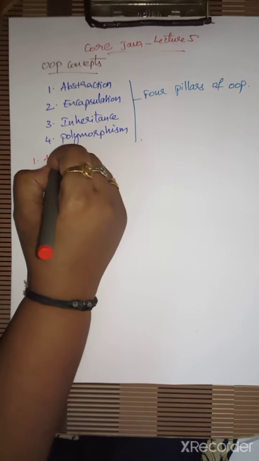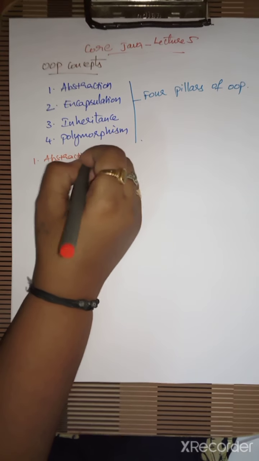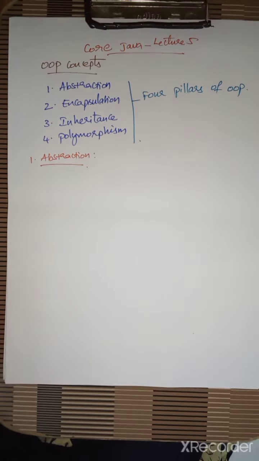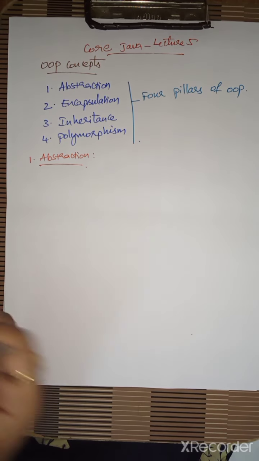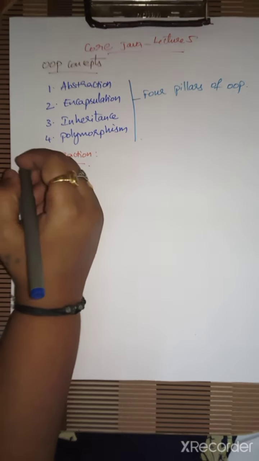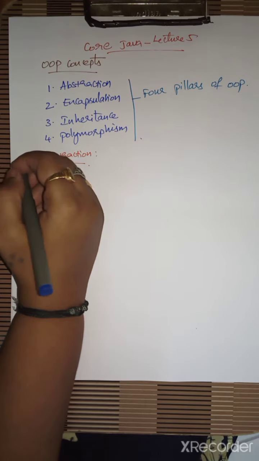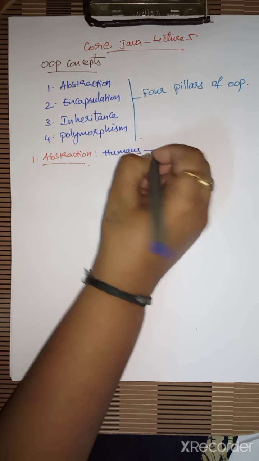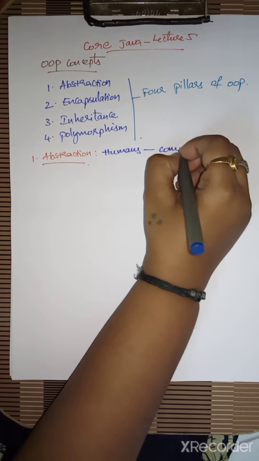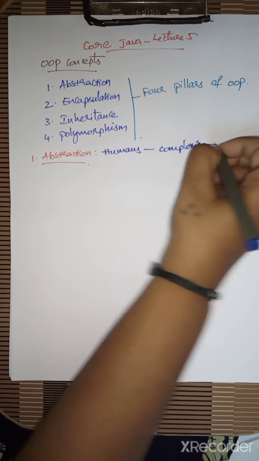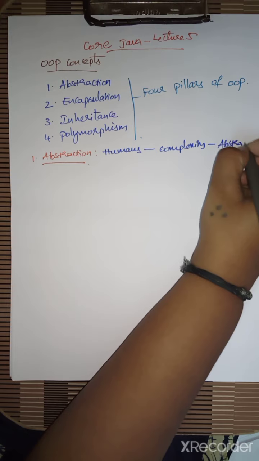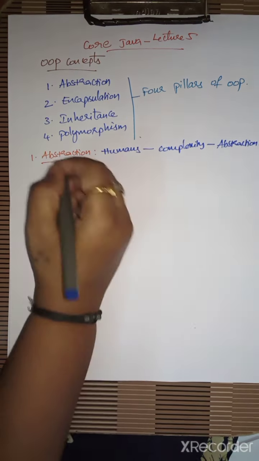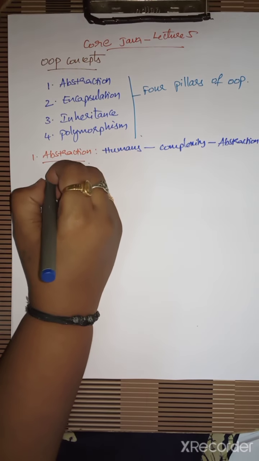First one, abstraction. In real life, humans manage complexity through abstraction. Let me explain with an example.